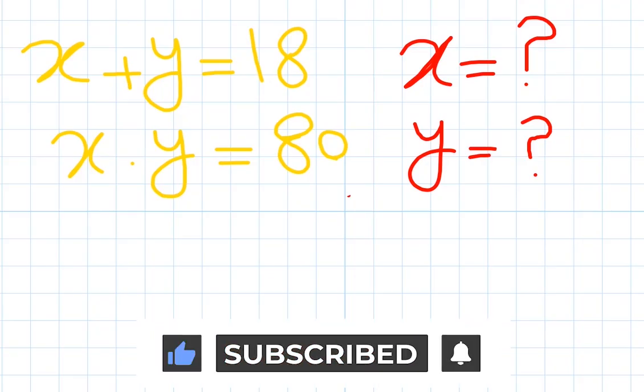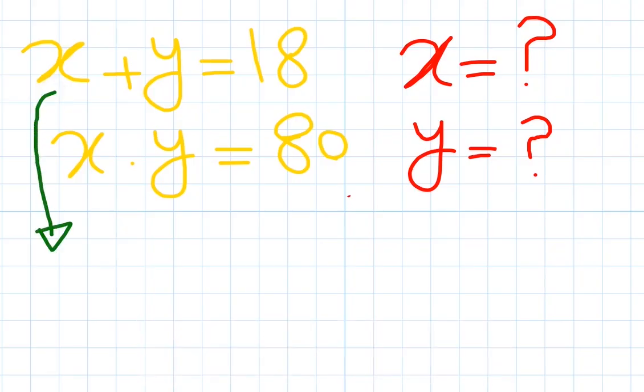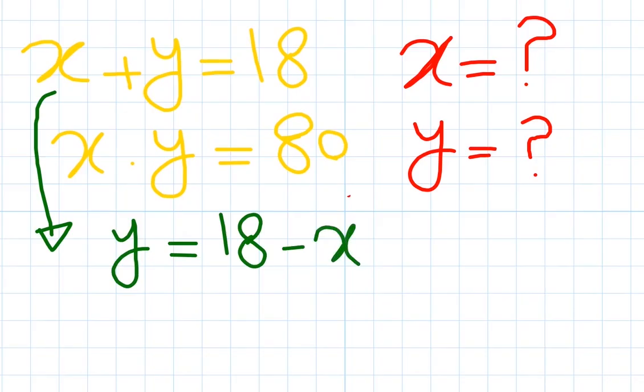The first step for such types of problems is that we need to transform our equation here, where x plus y equals 18. I can write y as 18 minus x. I moved x to the other side, and it became negative. Why did I do this?